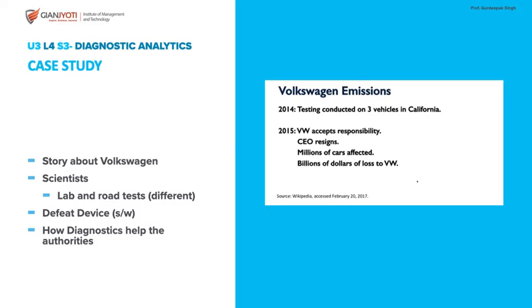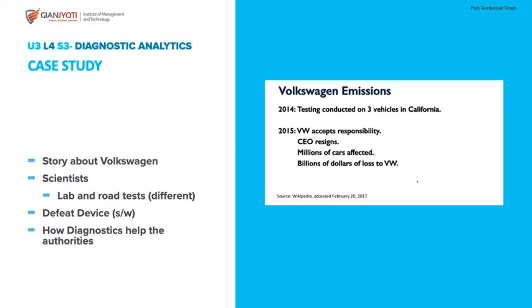Now, to give you the background, firstly, let me explain what Volkswagen was really doing. They had fitted a defeat device, which was software in their cars, and this software was trying to detect when the pollution test was carried out, whether that test is being carried out in the lab or in the field, right?